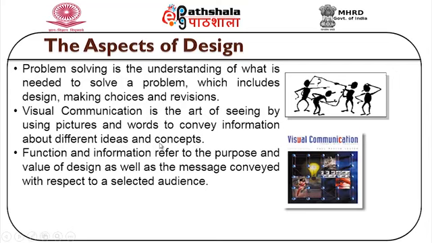What is visual communication? He says visual communication is the art of seeing by using pictures and words to convey information about different ideas and concepts. So instead of using words, I use an art to visually communicate something to the end user. The function and the information refer to the purpose and value of design, as well as the message conveyed with respect to the selected audience. So these are the design aspects.